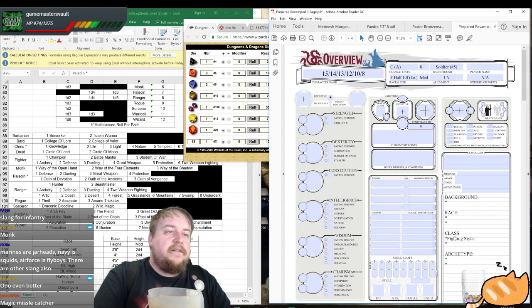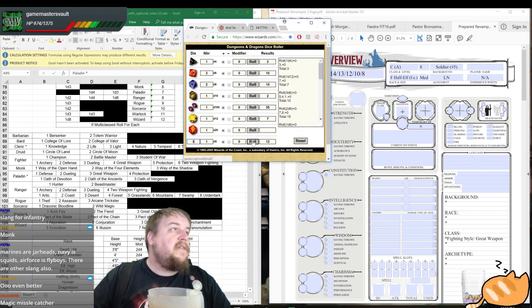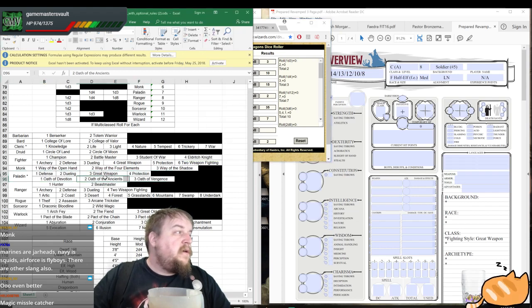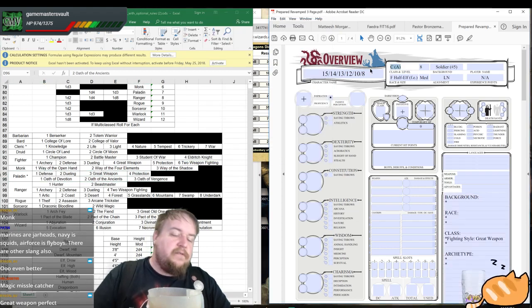Fighting style number 3 for Paladin is Great Weapon. And her oath is going to be, let's make a D3 here, roll it. Her oath is number 2, Oath of the Ancients. All right, so we have Paladin, Oath of the... Now I'm just going to put Ancients here to not make the font get super small. There we go.